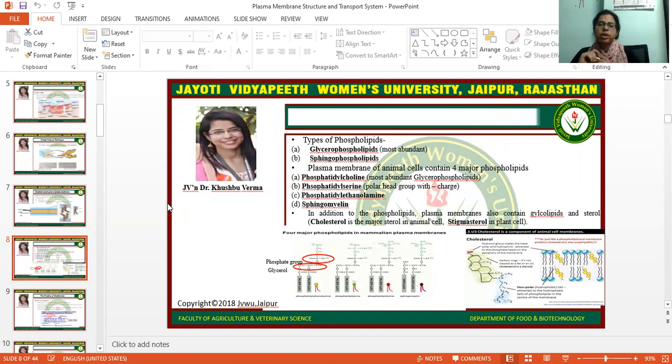In the plasma membrane of the animal cell, there are four major phospholipids: phosphatidylcholine, which is the most abundant glycerophospholipid, phosphatidylserine, phosphatidylethanolamine, and sphingomyelin.